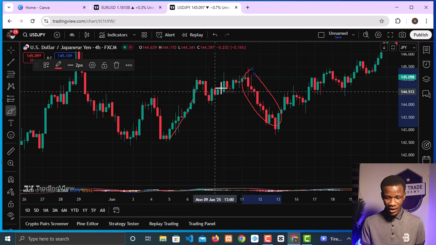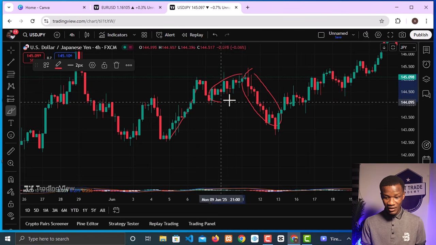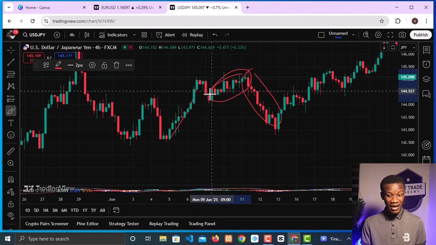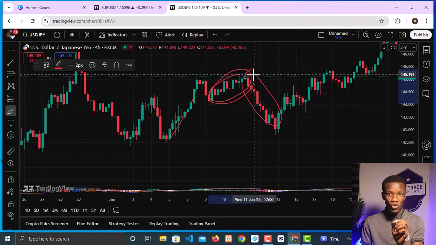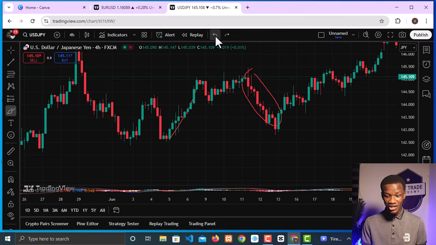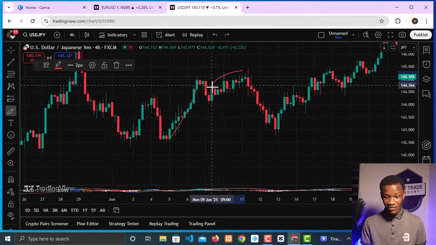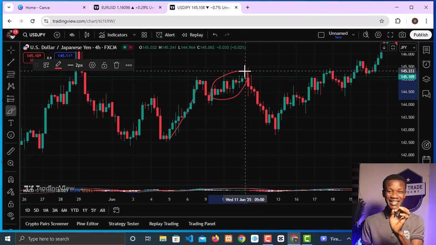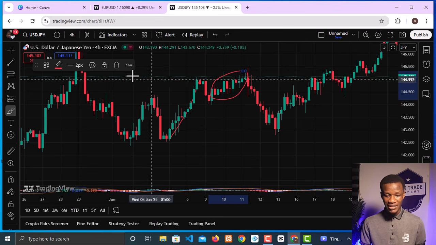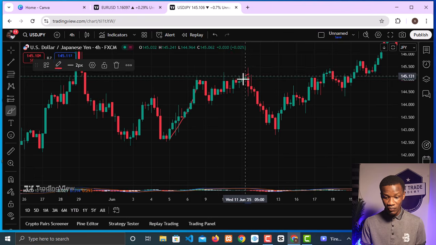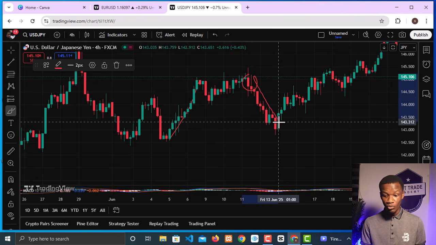And of course, if you look at this very point, you discover that the market right here does not have strength as well, which also points to the fact that the market is about to correct, because the fact that the market did not have strength right at this very point moving forward is an indication that the sellers are about to take control of the market, and we see them take control of the market from this very point and the market begins to move downward.